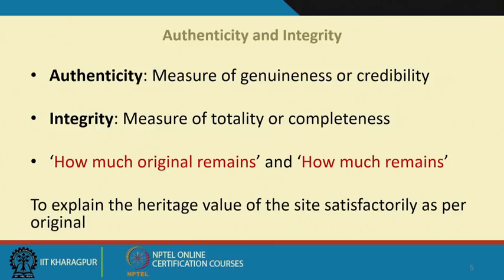And when we are talking about the original, as we have discussed, it does not mean only one period of time; it can be several periods of history, but how much of that original remains. These are the basic essence of authenticity and integrity. They are important to explain the heritage value of the site satisfactorily as per the original.